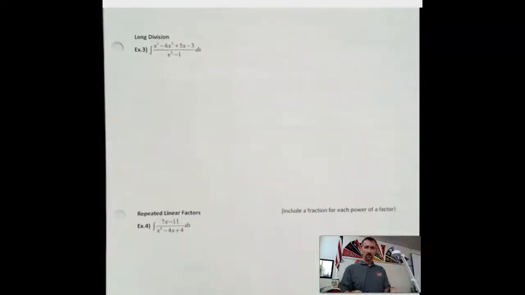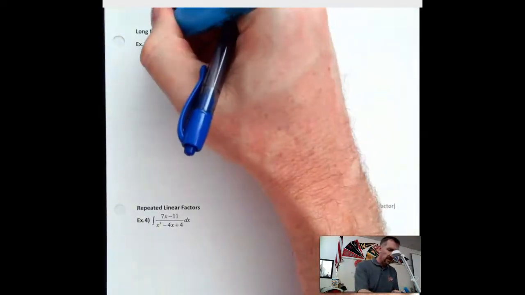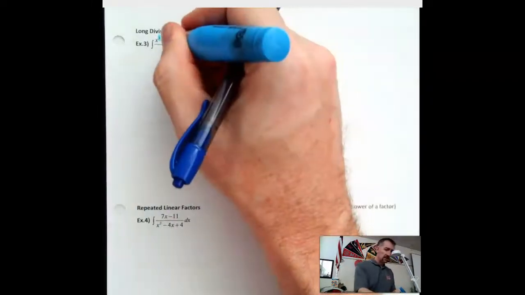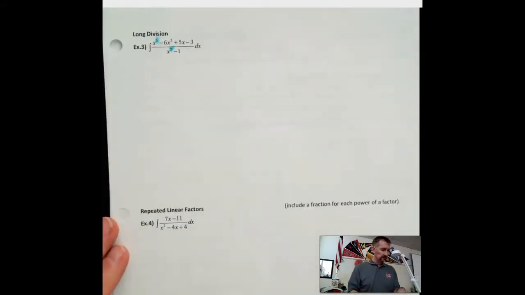Now, as we look at this next one, what should stand out is that we have x cubed over x squared. What should also stand out is it says long division above it, so pretty much telling you what you need to do there.